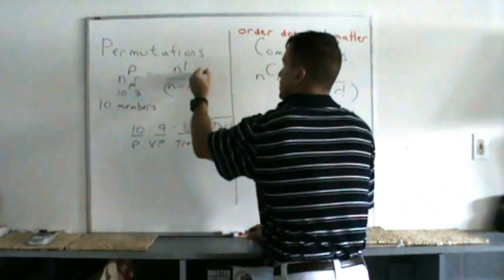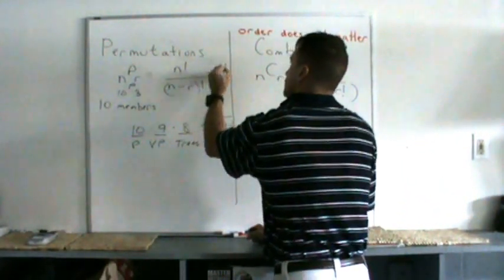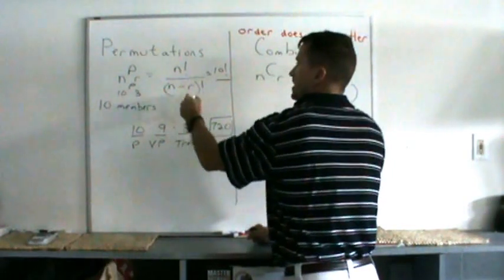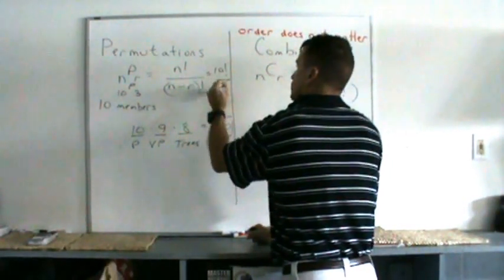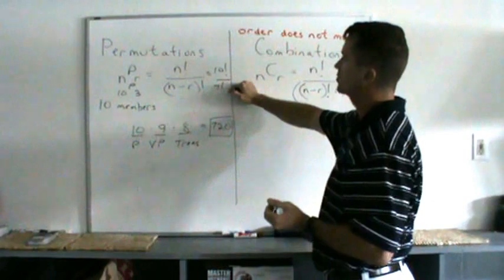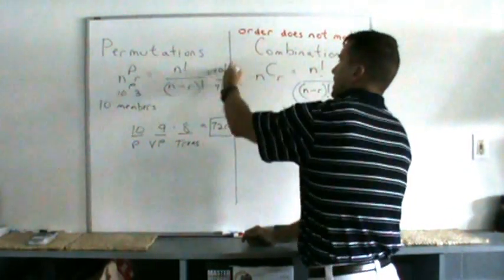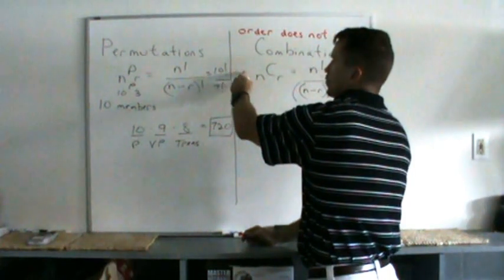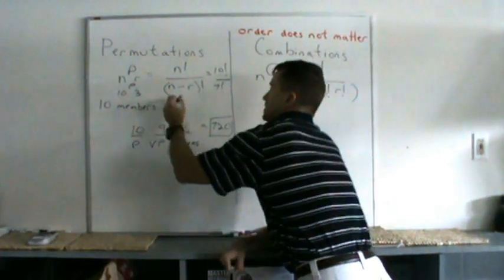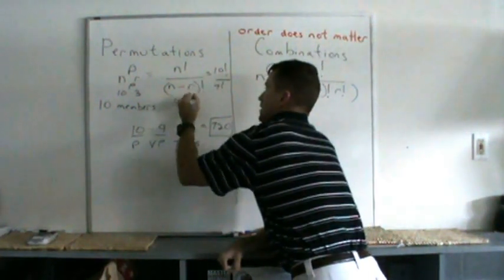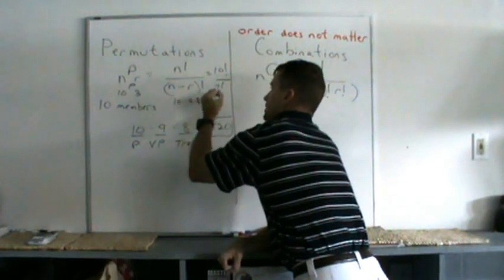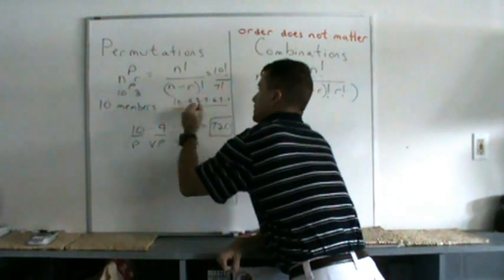And with this formula, you would get 10 factorial over 10 minus 3, which is 7 factorial. The 7 factorial will cancel out with the 7, 6, 5, 4, 3, 2, 1 here. You can imagine 10 times 9 times 8 times 7 times 6 times 5, all the way down to 1.